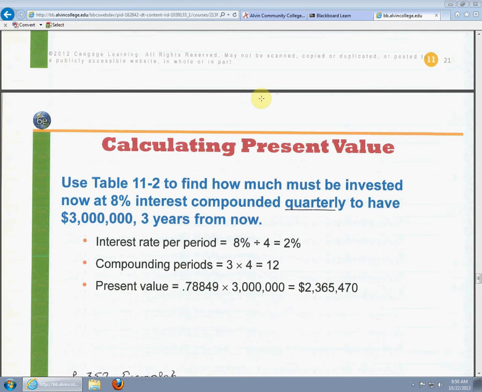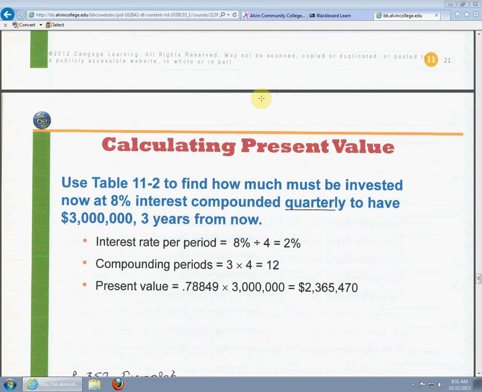So we want to know, what do we have to invest now to get that $3 million? First thing you have to do is find the percent per period. There are 4 periods, we have 8%, so it's 2% per period. We know that it's 3 years and quarterly, so 3 years times 4 periods per year, there are a total of 12.